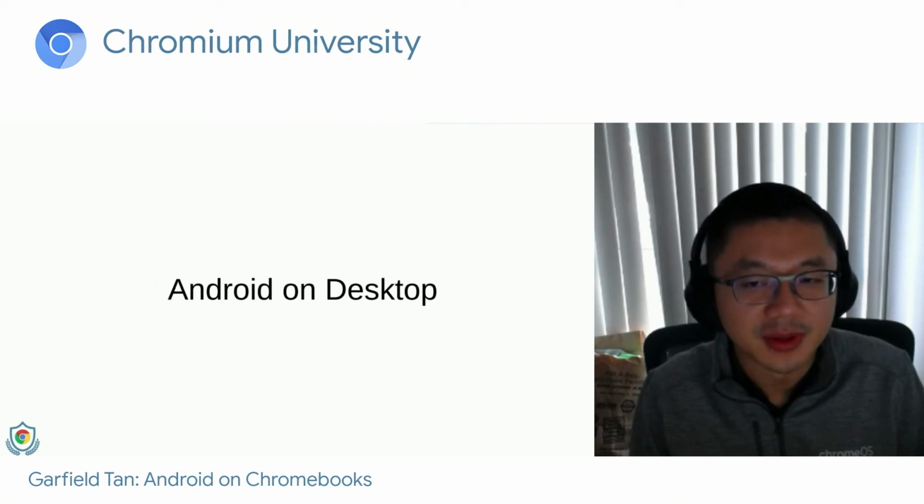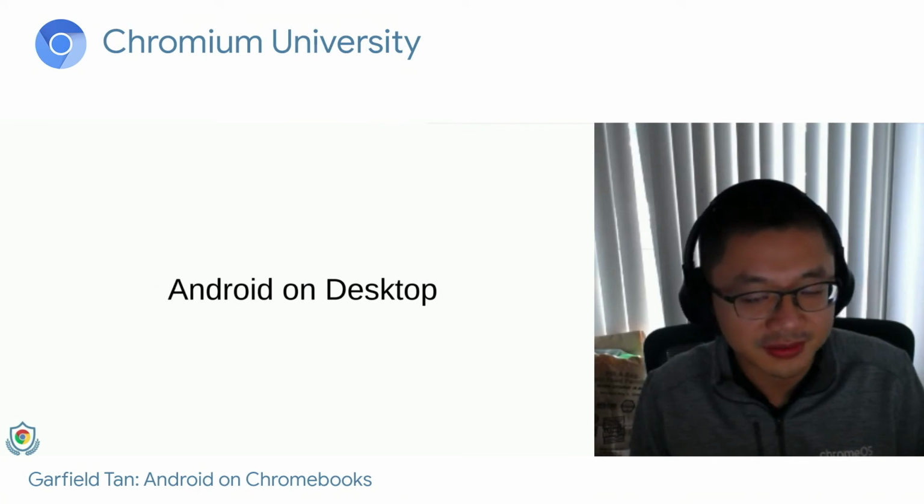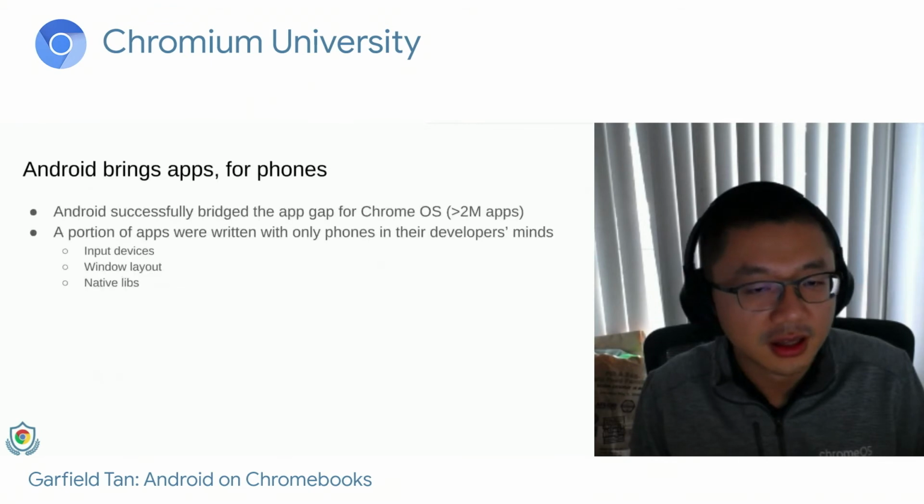Then I'd like to share something we saw after the project launched. First of all, the project did its job. It introduced a tremendous amount of apps to Chromebooks. I so wish the story ended here. But you know, those apps were developed for phones in the first place. And phones and PCs just bear so many different traits.